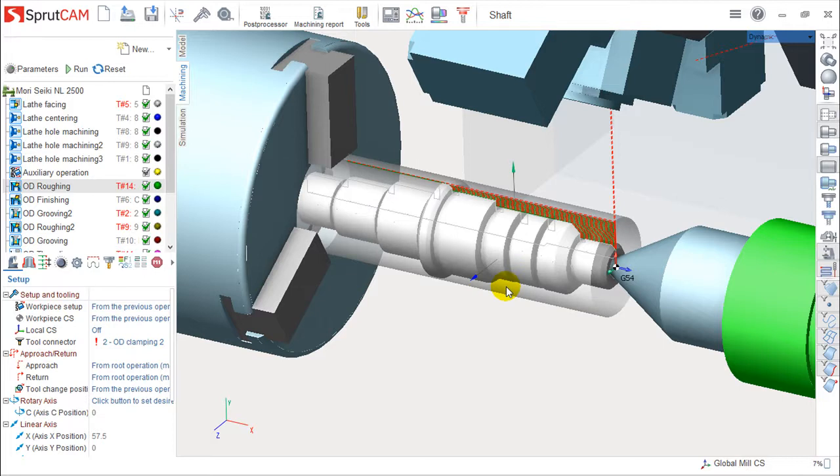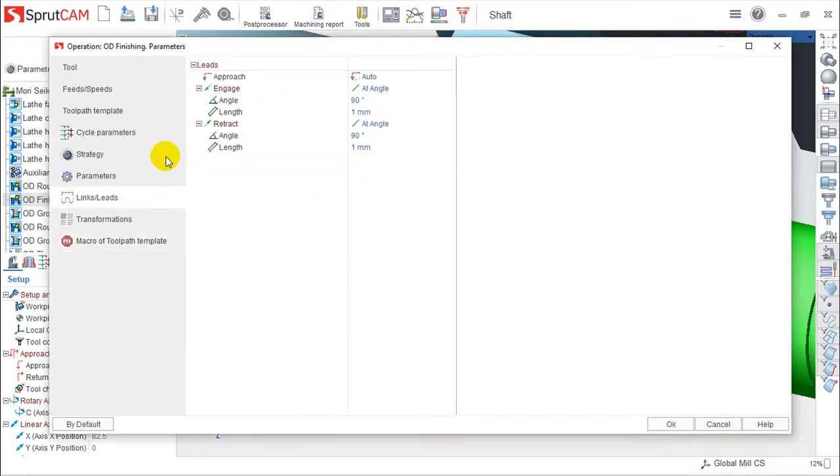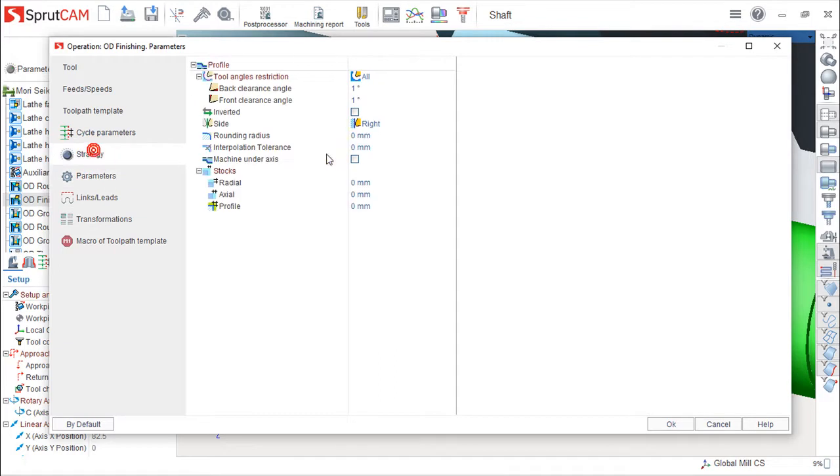Okay, so I hope that these very brief notions of the setups possible to do are clear, and we've seen all of them in terms of roughing, because in finishing you probably have one or two things that are different, like for example engage, retract. You see that we have, for example, an angle which we did not have in roughing parameters. We can try to look a little around these other parameters.